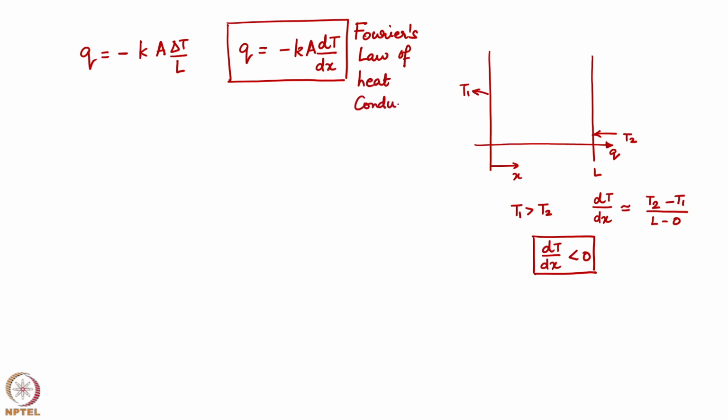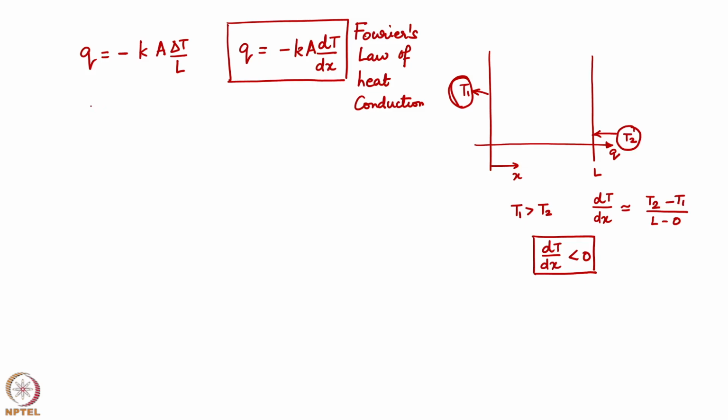KA dT by dx with the minus sign. The minus sign is added because dT by dx is inherently negative. Heat flows from high temperature to low temperature. The surface at T2 is always going to be smaller than the surface at T1, therefore heat has to flow from left to right. This is Fourier's law.